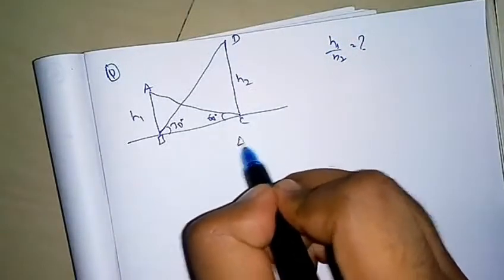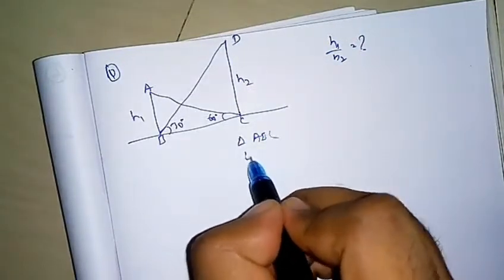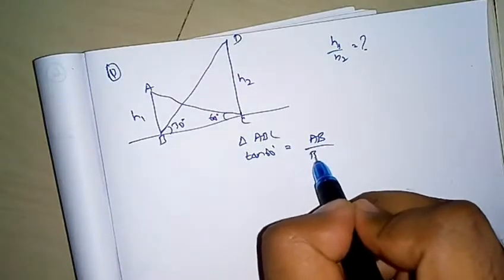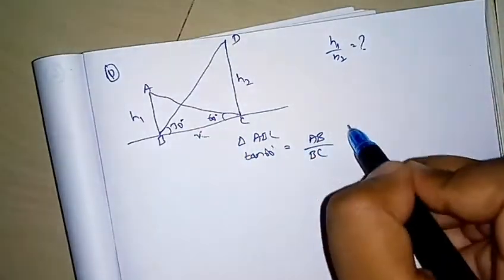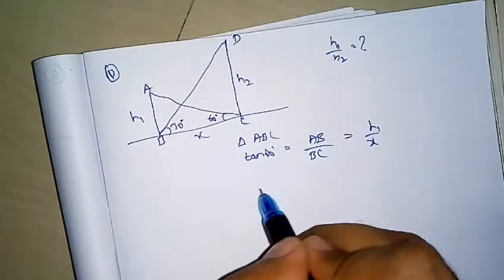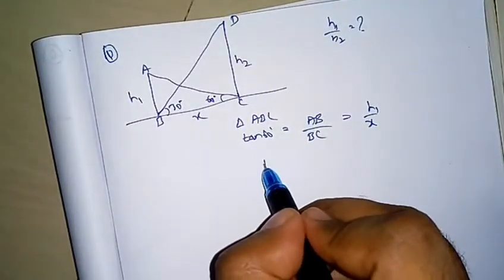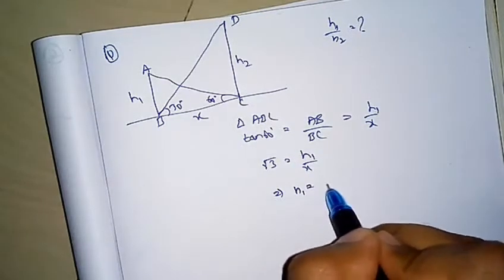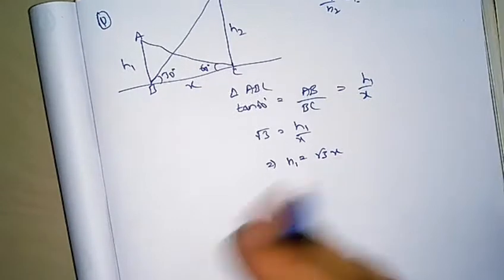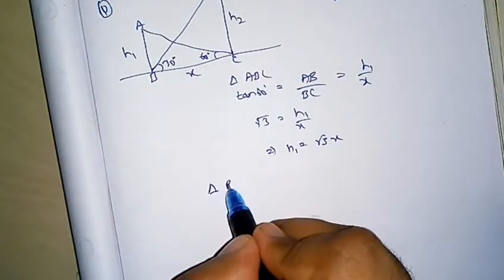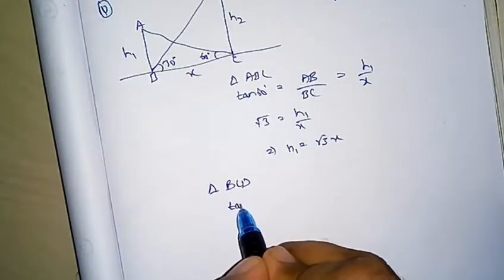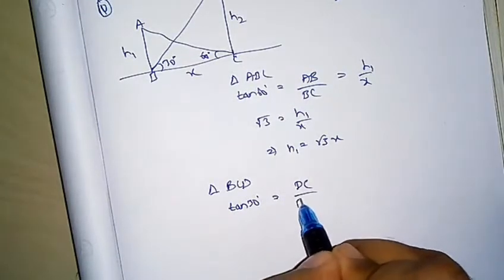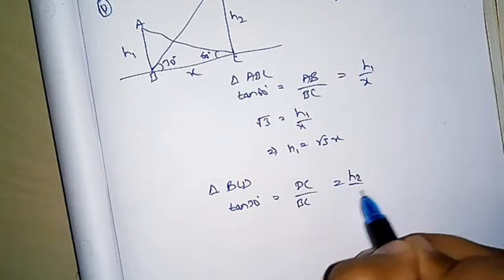Now in triangle ABC, tan 60 degrees is equal to the opposite side AB by BC. Let BC be x, so tan 60 is root 3, equal to H1 by x, or H1 is equal to root 3 x. Now in triangle BCD, tan 30 degrees is equal to the opposite side DC by the adjacent side BC, which is H2 by x.